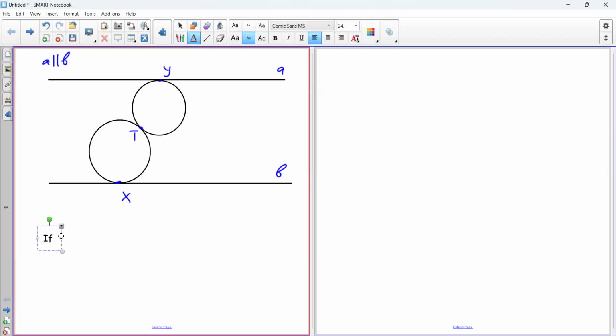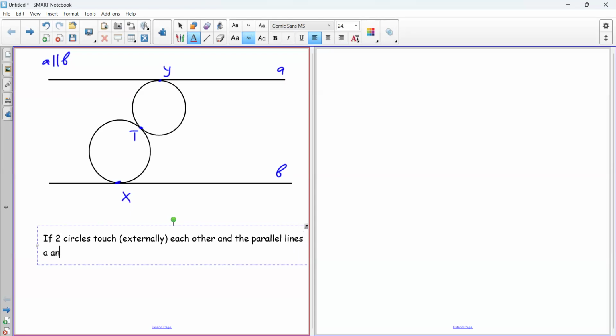Two circles touch externally each other, and the parallel lines A and B as in the picture.